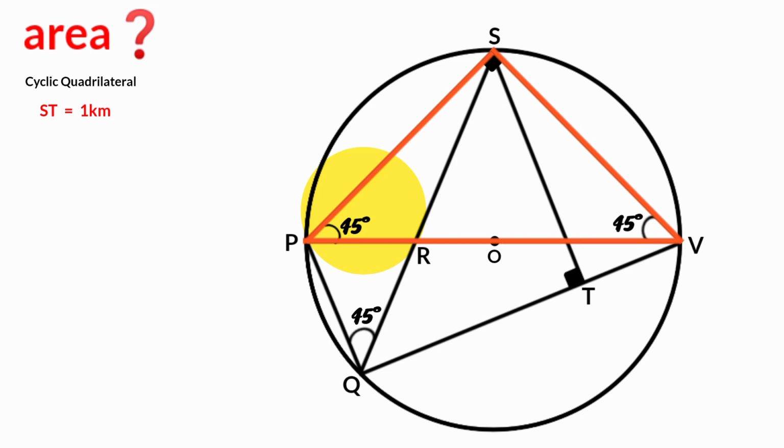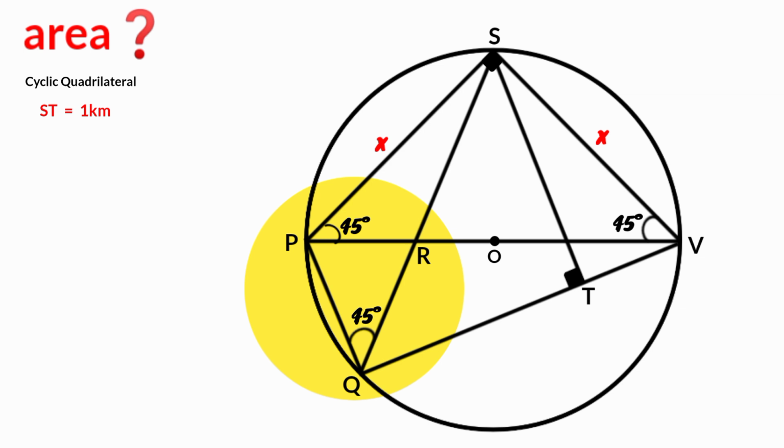We have two angles of the right triangle to be congruent. That makes it an isosceles right angle triangle. The perpendicular sides are going to be equal, which are this and this. Let's assume their lengths to be x each.